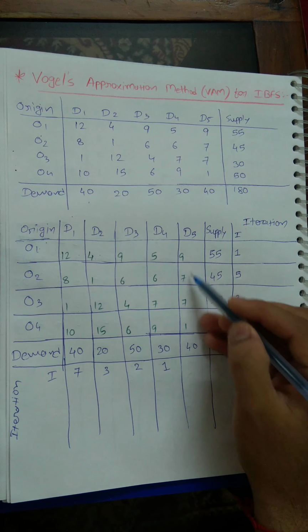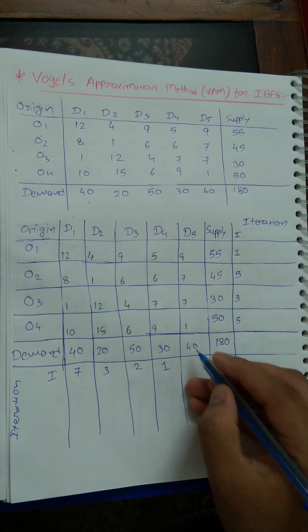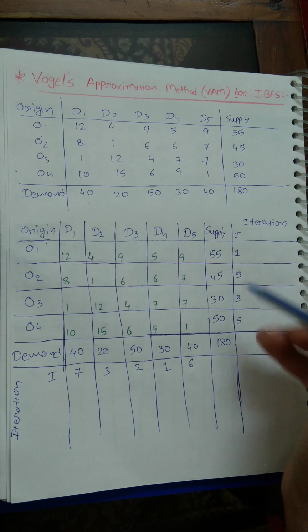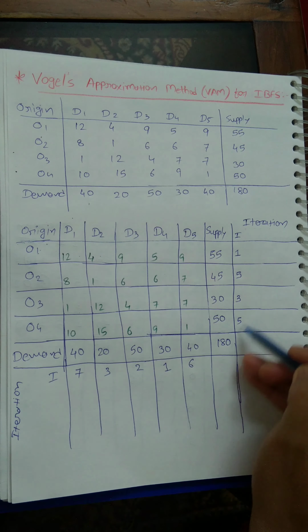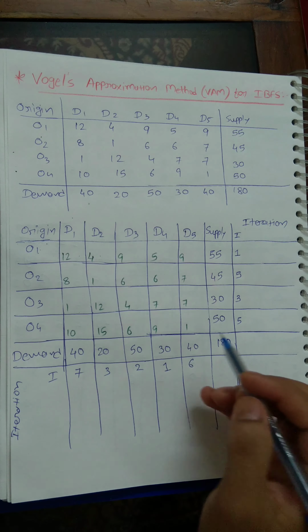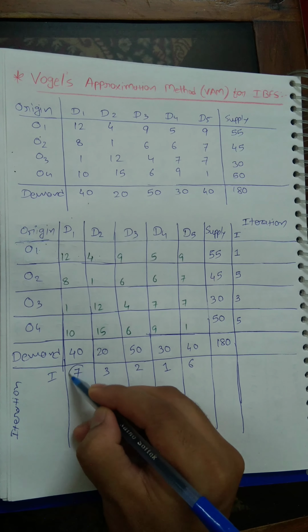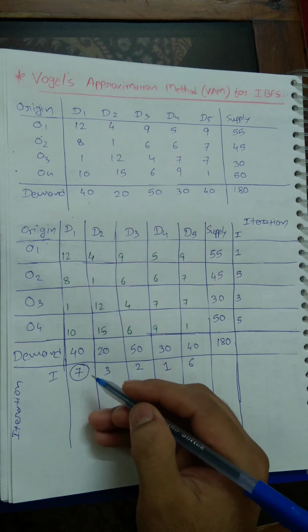For D5 it will be 7 minus 1, 6. Now out of all these values, row wise and column wise, pick the greatest value. Which is the greatest value? 7. So make a round on it, and in this particular column we will pick the least cost.